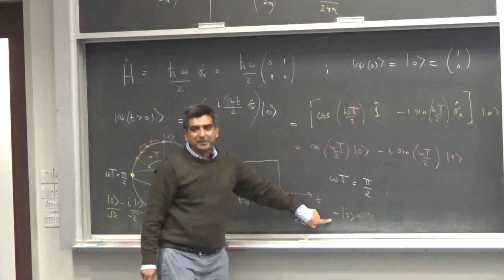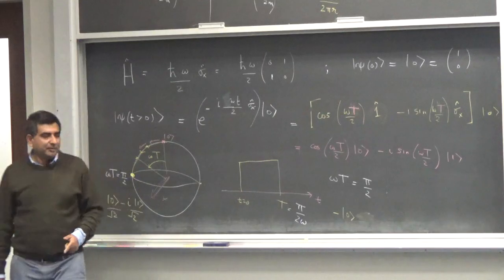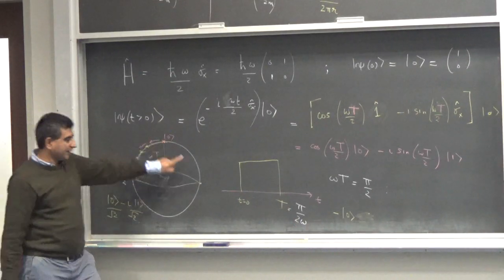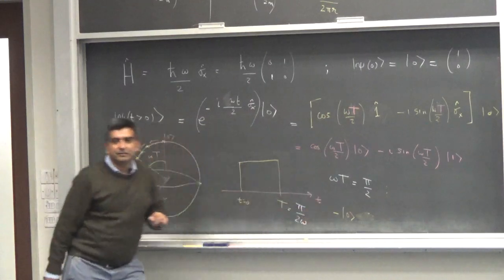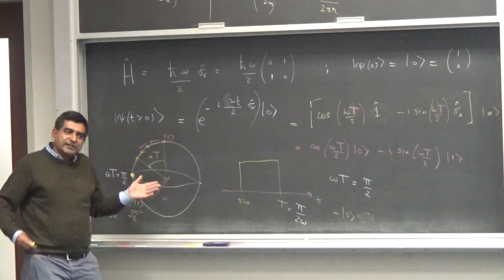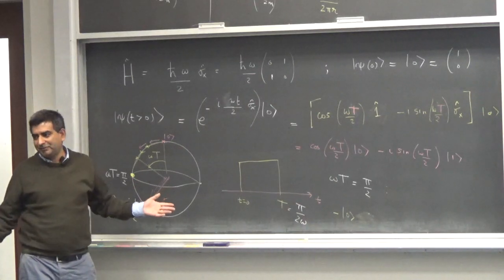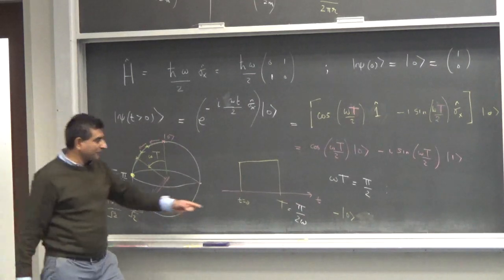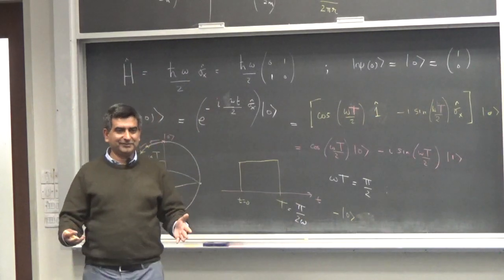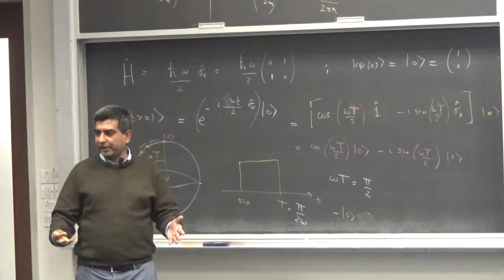So I end up with minus ket 0. But should I end up here? Because I get a minus sign. So is this some new state, or is it just equal to ket 0? It's just equal to ket 0 because this minus sign isn't mattering here. It's a global phase. Okay? So it doesn't matter.